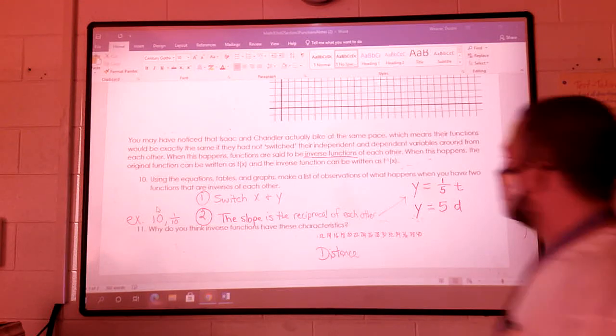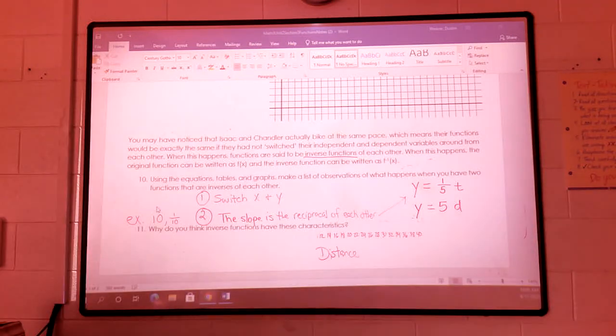Okay? Now, the last thing says, why do you think inverse functions have these characteristics?